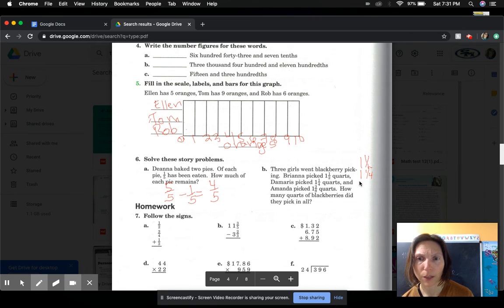And Amanda picked 1 3/8 quarts. How many quarts of blackberries did they pick in all? So in all means add. So I'm going to put everything in the denominator of 8ths because I want to have a common denominator so I can add my fractions.